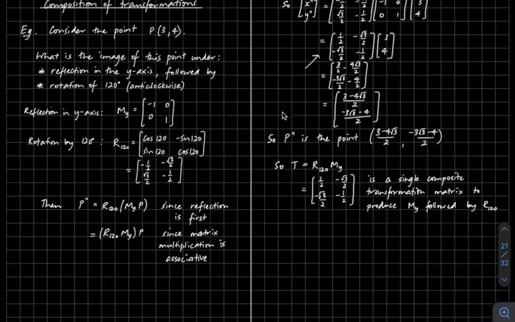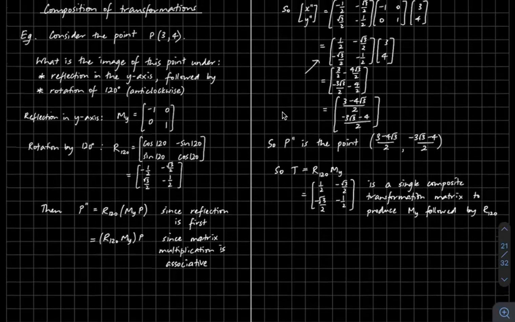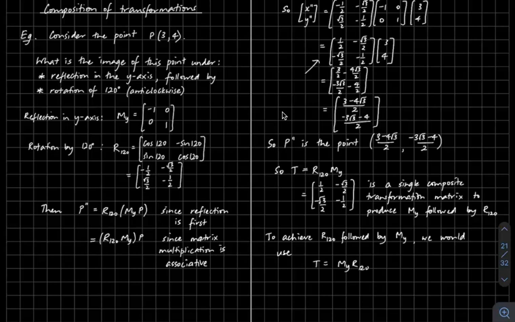And we just need to note that if we wanted to do them in the other order, so if we wanted to achieve R120 followed by reflection in the y-axis, we would use the matrix T equals my R120.